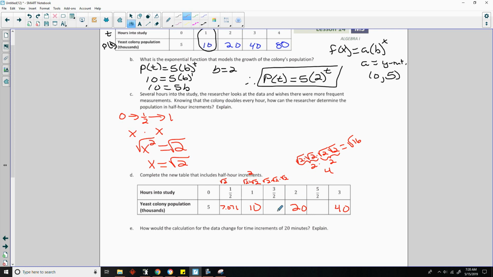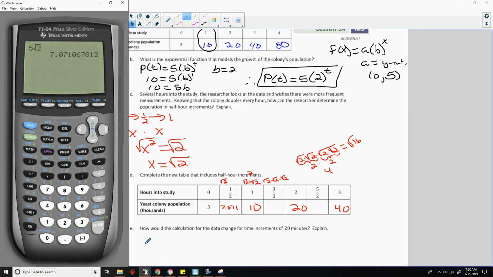Okay? So now we're going to take 3 halves, and we're taking 5 and multiplying it by the square root of 2 to the 3rd power. So I can say 5 square root of 2, move outside, and cube that. And hit enter.